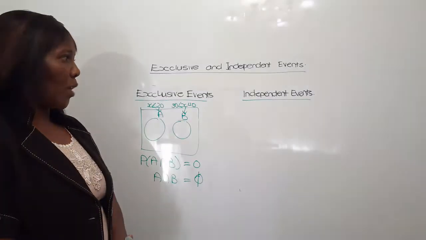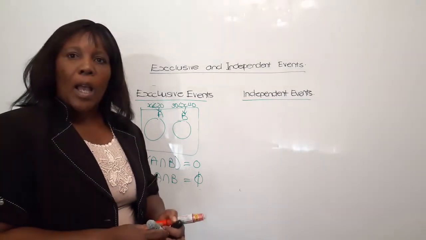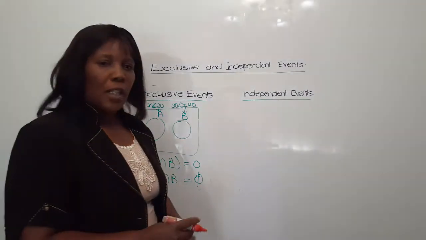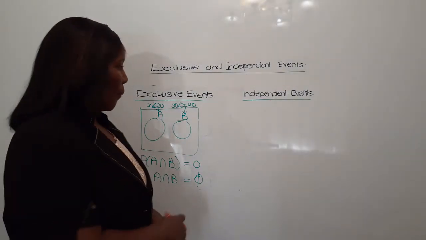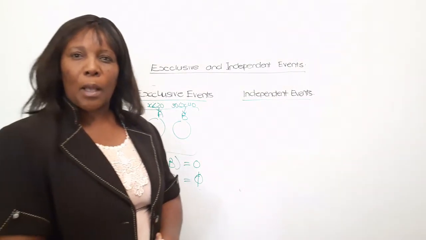I move on to independent events. What are independent events? Independent events are two events that do not affect each other. I'm not going to use a set diagram for them, but I'm going to give you an example first.